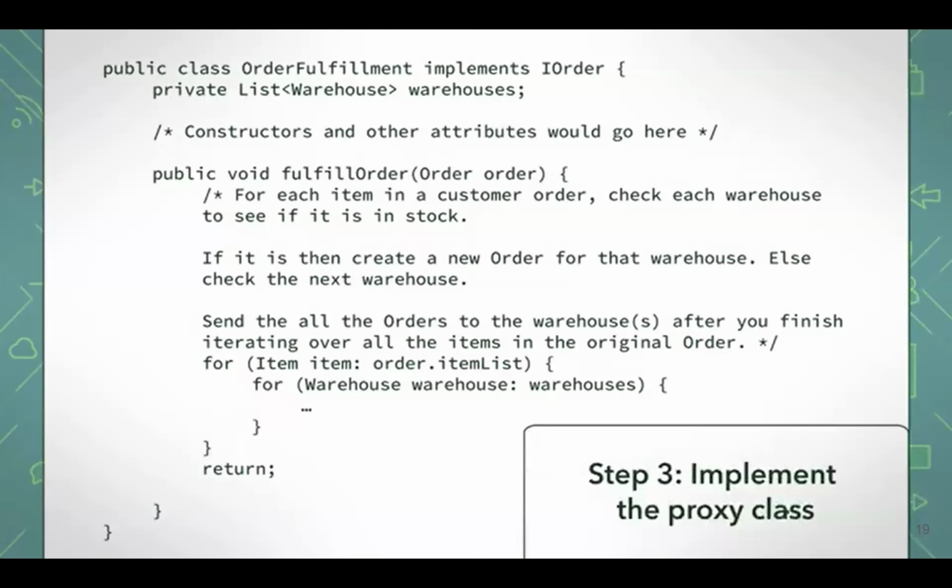Of course, you have the relevant item, but that will take a long time to deliver. Other conditions can also be taken into consideration. So you can see here in the proxy class, you implement the business logic as well.